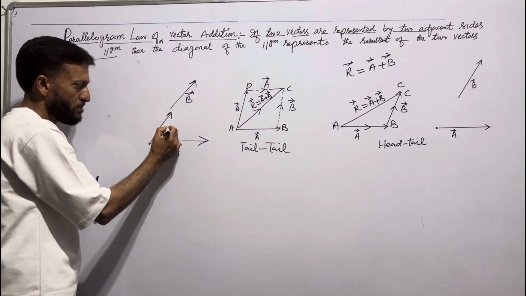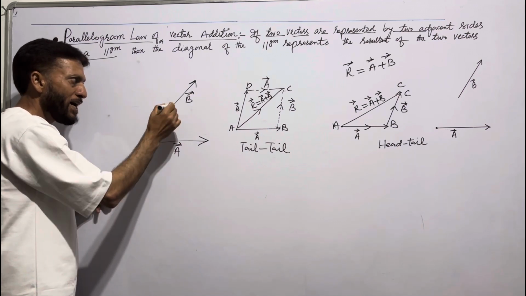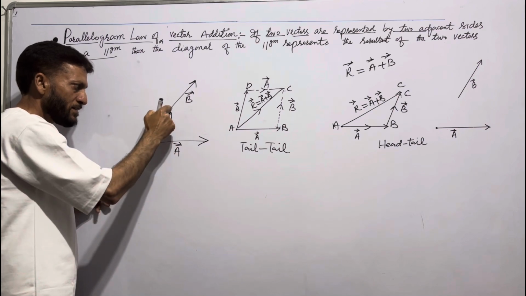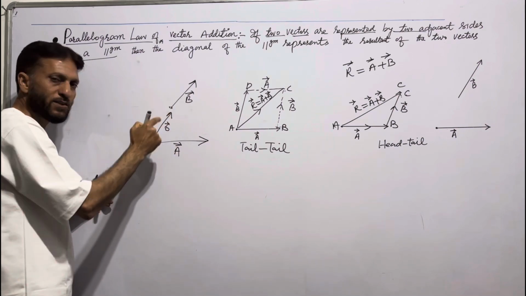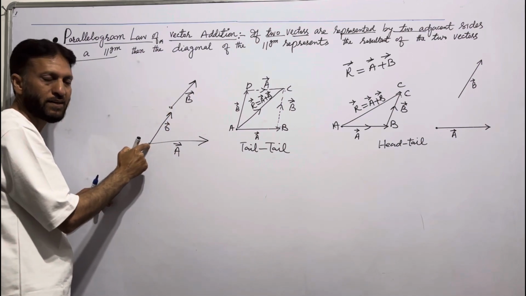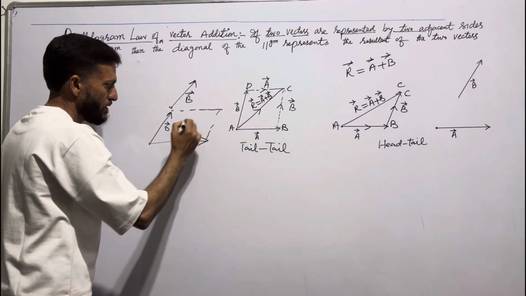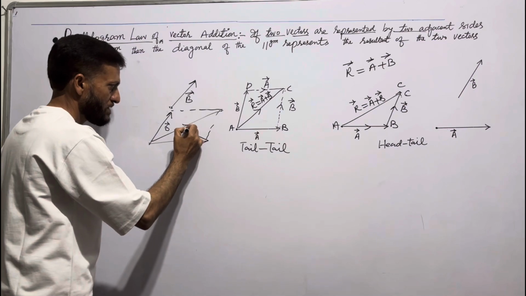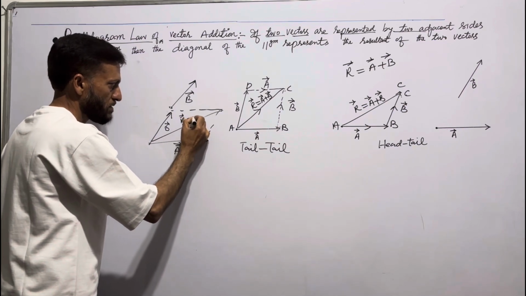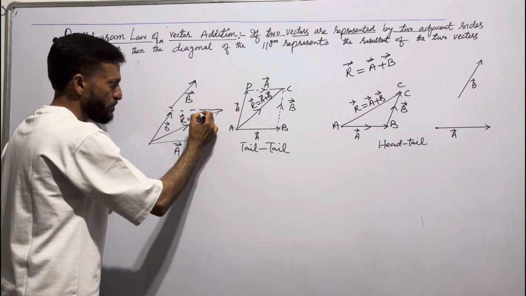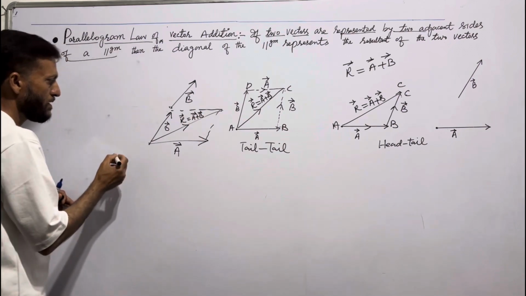This is vector B. Now I have joined two vectors. Tail of vector B is joined with tail of vector A. In this case, I will complete the parallelogram. This is the resultant of these two vectors. And this is the parallelogram law of vector addition.